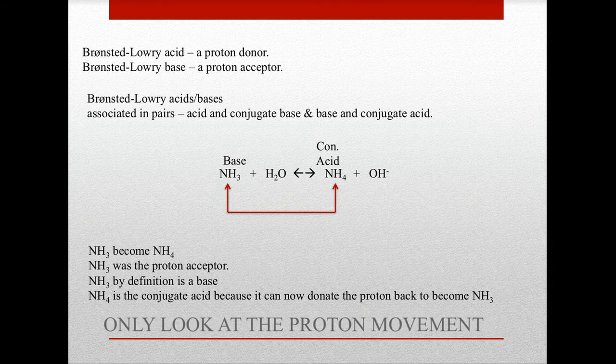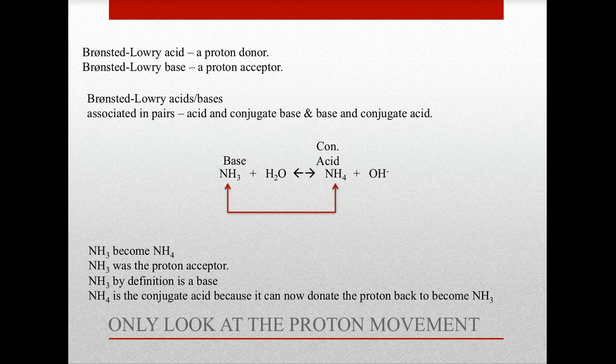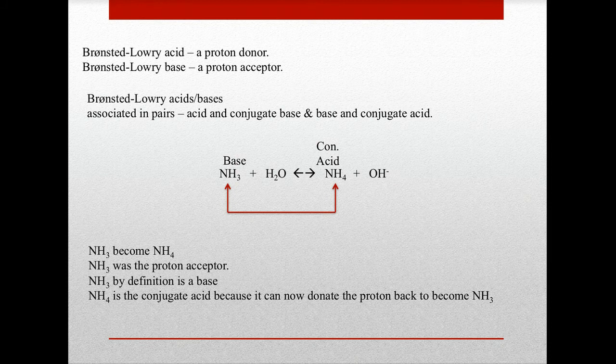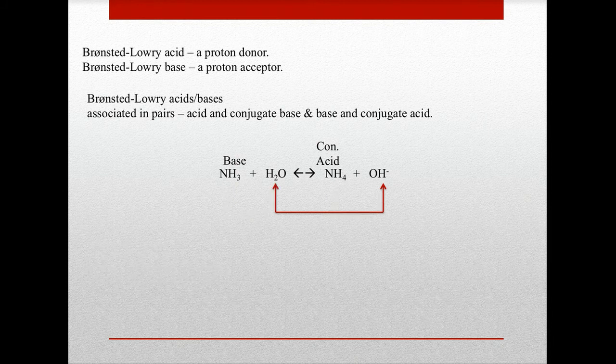Okay? Now, remember, we're only looking at the proton movement. We're not looking at any other element, just the hydrogens. Okay? So let's look at the other side now. We have H2O becomes OH. So how does H2O become OH?